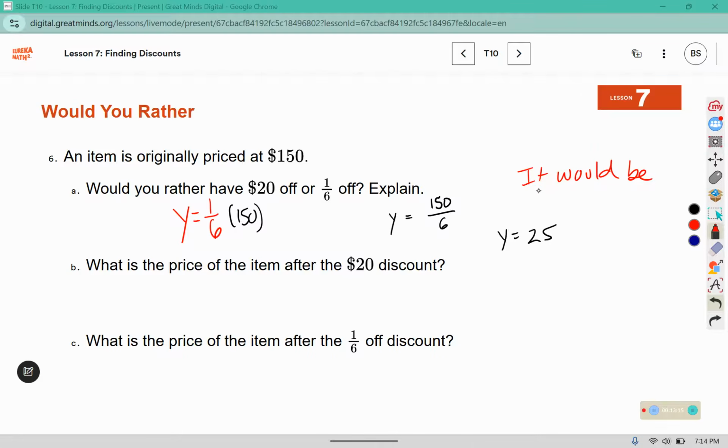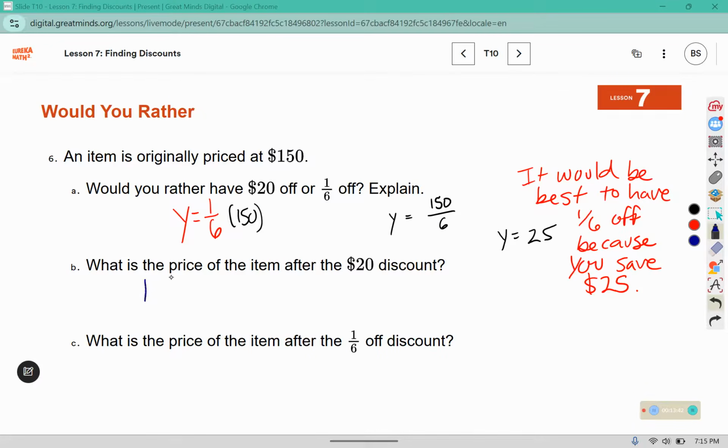It would be best to have 1/6 off because you save $25 instead of 20. What is the price of the item after the $20 discount?